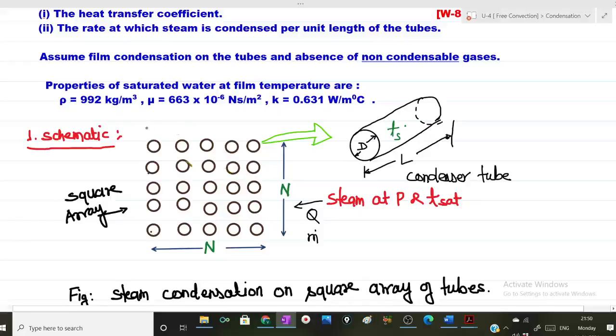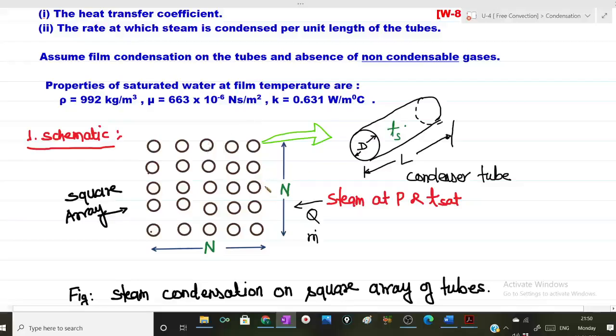The meaning of square array is that in horizontal and vertical position, the number of tubes are the same. Let us consider in rows and in columns, the number of tubes is n. So there will be a total of n square tubes.